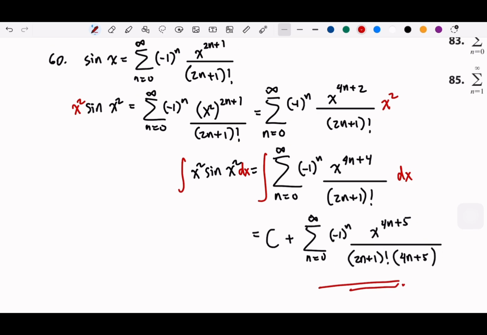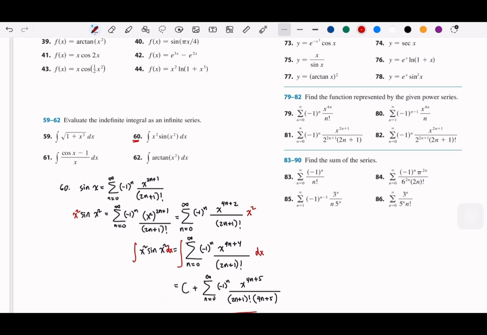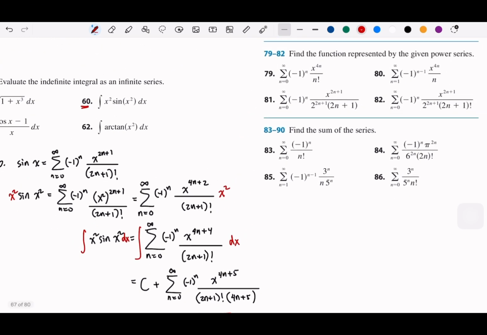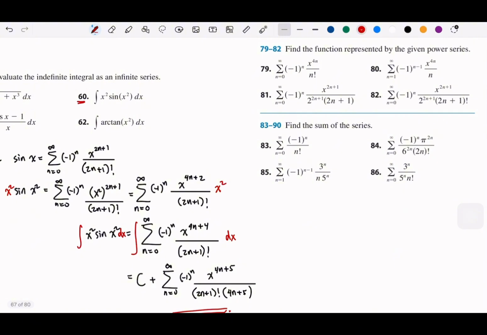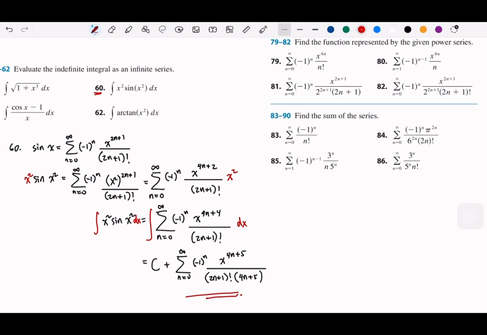Okay, so that's number 60. Now maybe we move to another example. But from the right side, which one do you think we need to discuss?